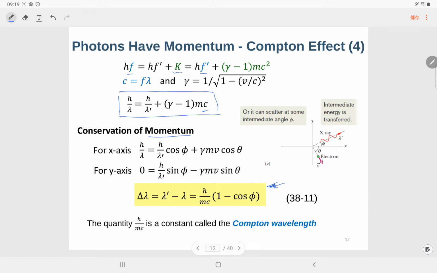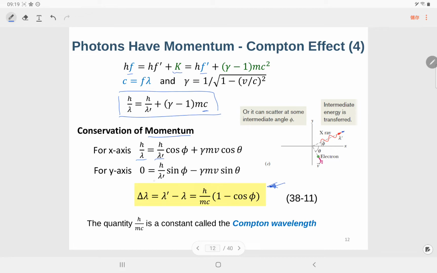Actually, using the conservation of momentum, we can write these two equations. For the x-axis, this is h over lambda. So originally on the x-axis it is h over lambda, and for this one, this is h over lambda prime times cosine phi.